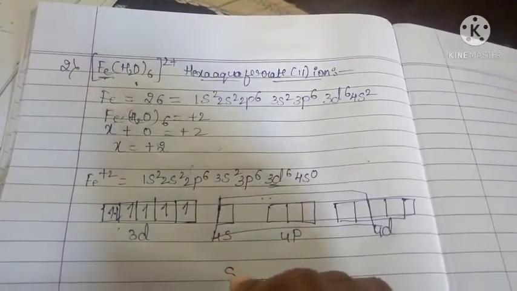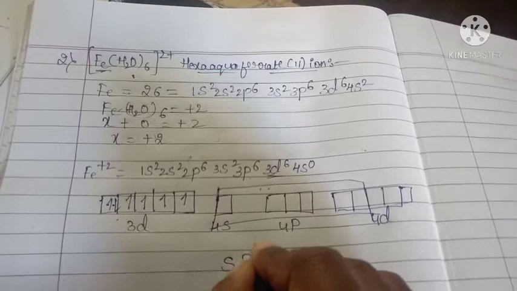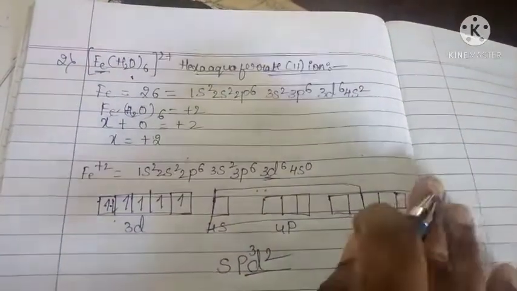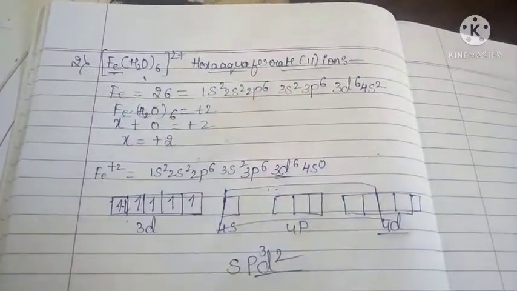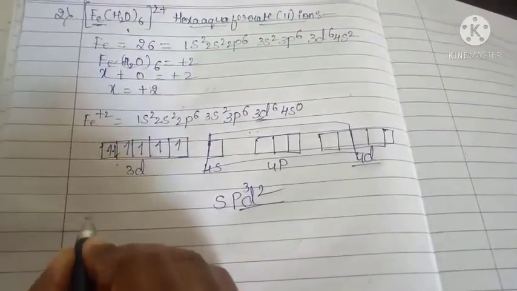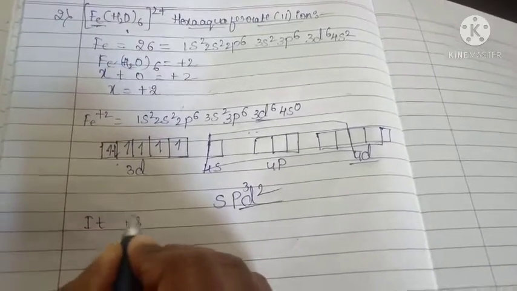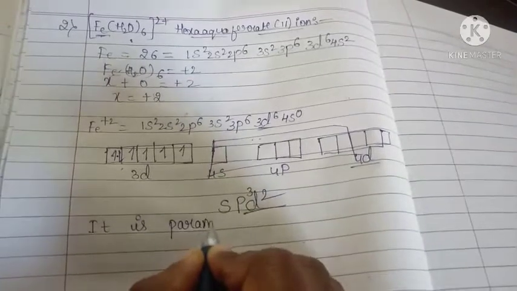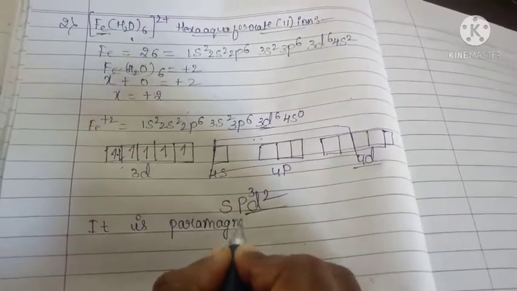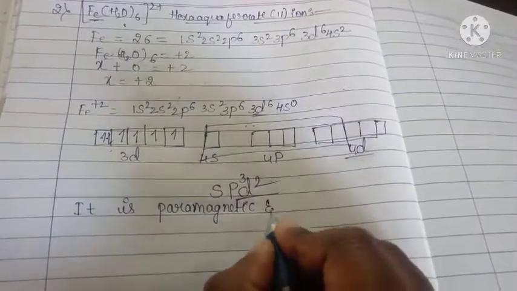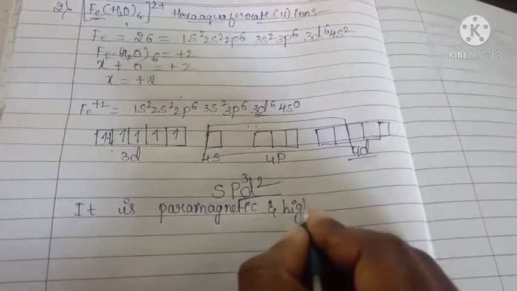Next, the hybridization is sp3d2. Here we are getting d in the outer shell. Okay, this is all about the electronic configuration, and it is paramagnetic because unpaired electrons are present, and a high spin complex.